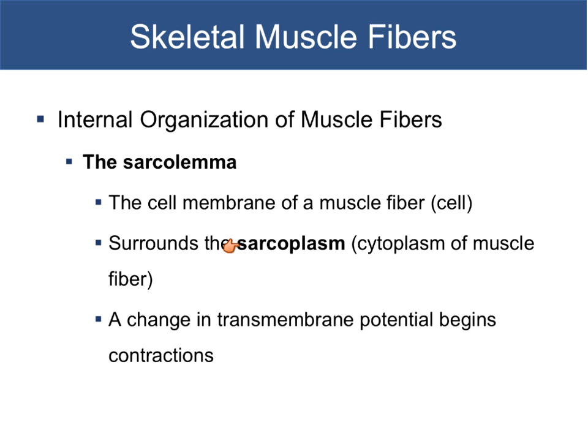Now the sarcolemma and the sarcoplasm are very important because at this area here, this is where we have a change in transmembrane potential that begins the contraction. Going back to when we walked through the doors of this muscle, we said the overall goal of a muscle cell, the job that it has to do, is to contract.